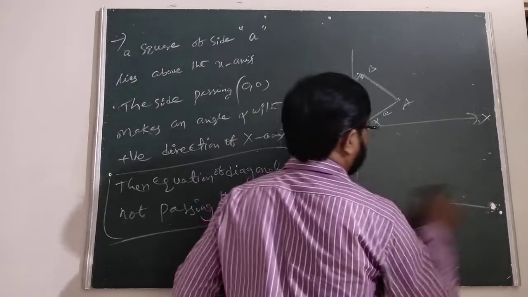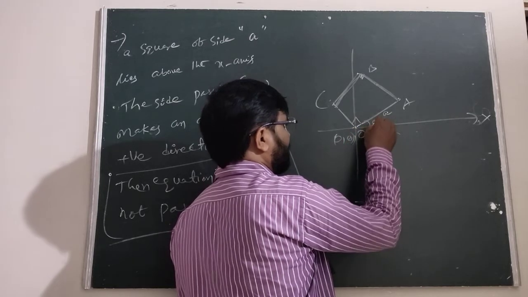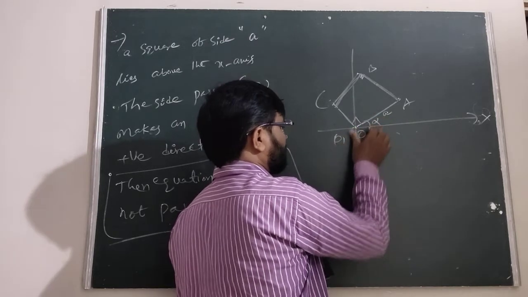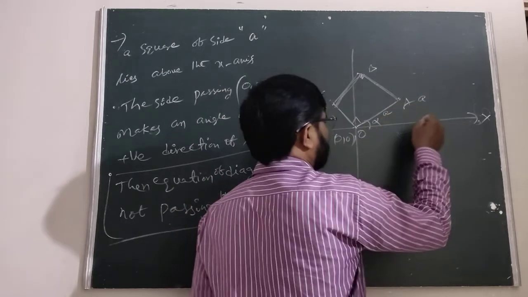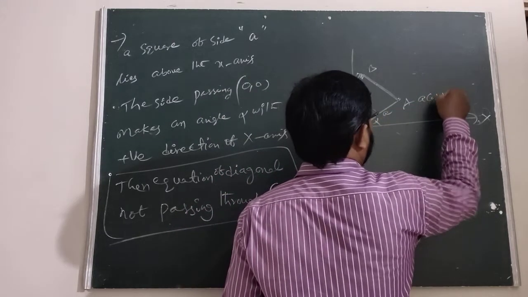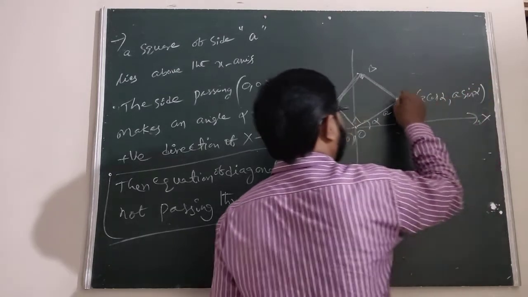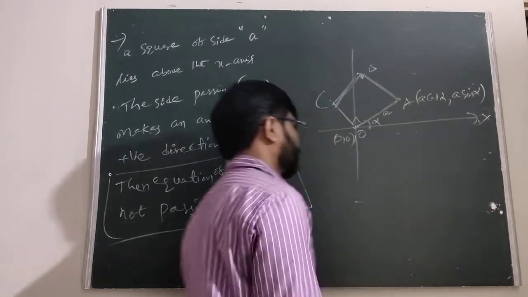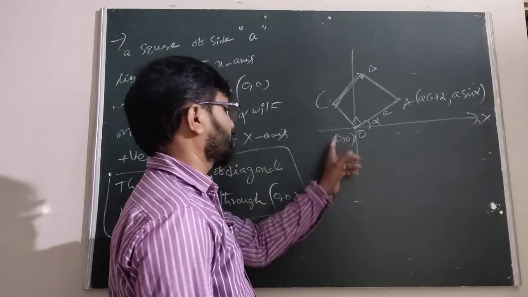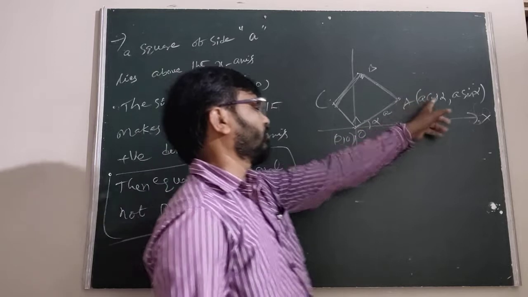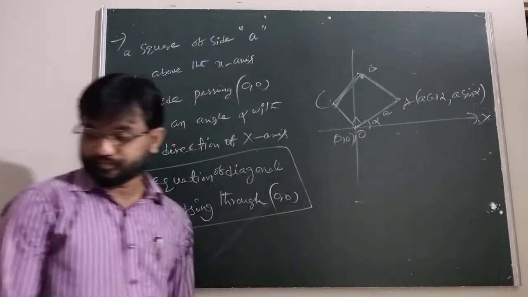Here r is A, (x1, y1) is (0, 0), theta is alpha. So 0 + r cos theta means A cos alpha, and A sin alpha. This is the point A. Here x1 is 0, A cos alpha, y1 is 0, A sin alpha. This is the point A.